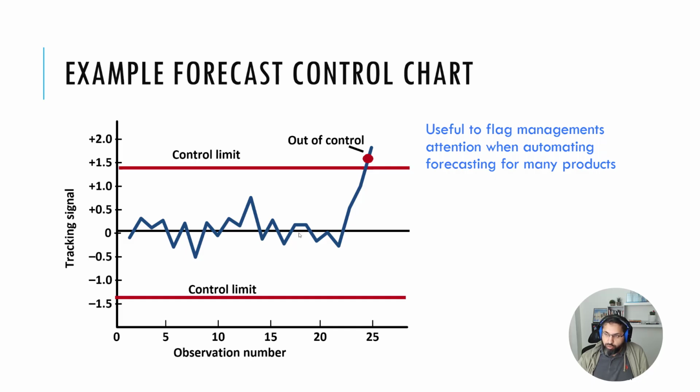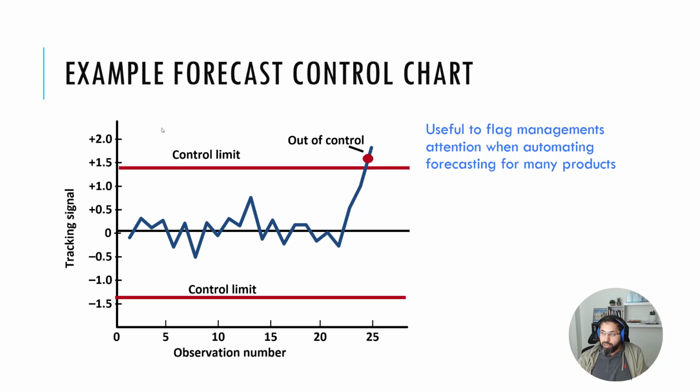Things were going fine, but something happened and the tracking signal just shot up, and that shows you that you have a lot of bias in your forecast now, and something went wrong. Either your trend changed or something changed, or somebody just used the wrong formula. Somehow your forecast just went worse recently, so you need to investigate that.